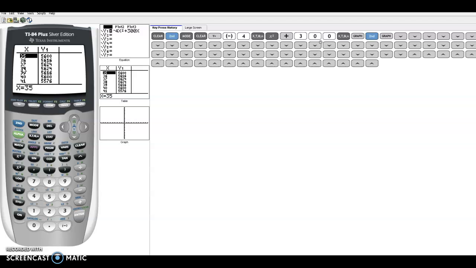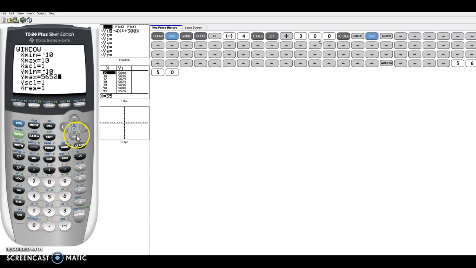All right, so now we're going to set the window. We want our Y value to be somewhere around 5,700, 5,500. So for Y max, let's make it 5,650.